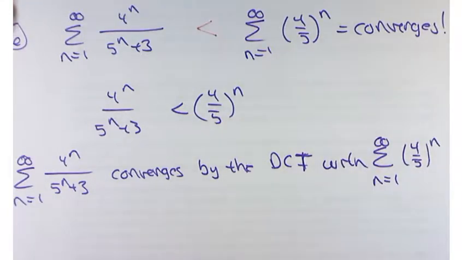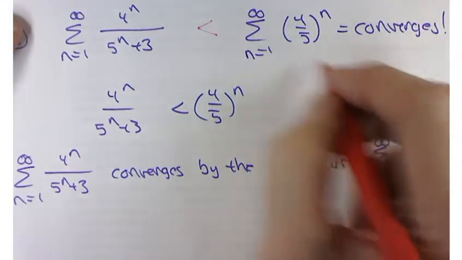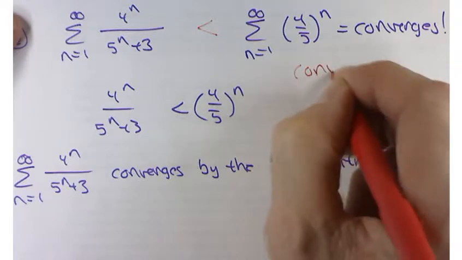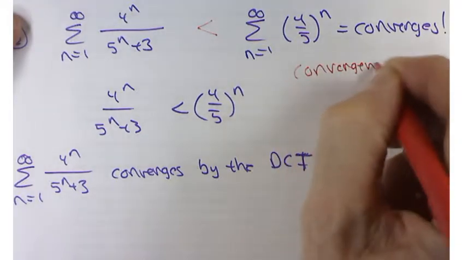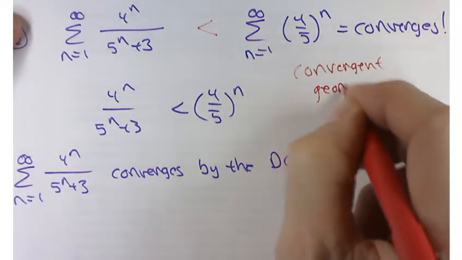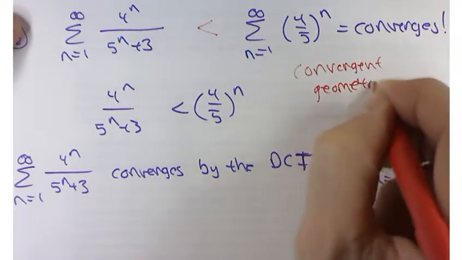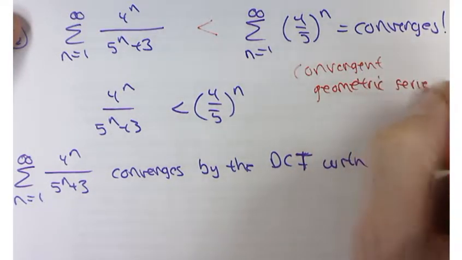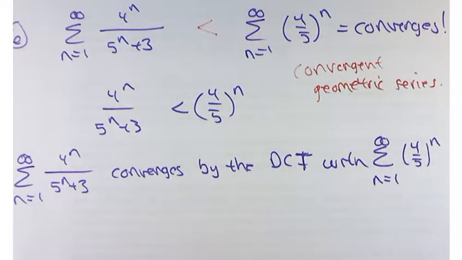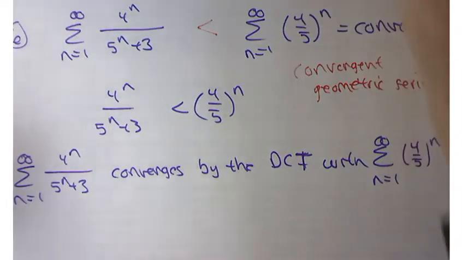And I know this converges because it's a convergent geometric series. So it's a nice, easy way around showing some convergence for some problems. You just have to be careful with the order that you work things.